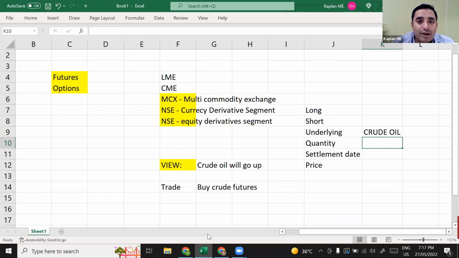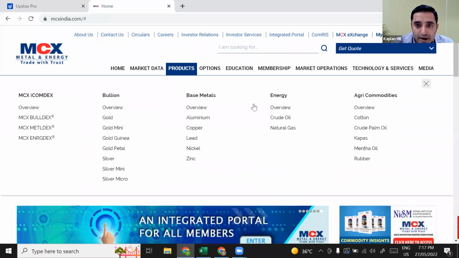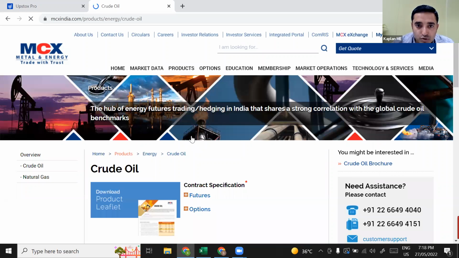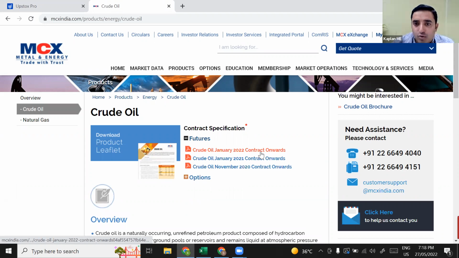No. If you look at the MCX website, let's say crude oil products, crude oil. Now in crude oil, they allow you to trade in crude oil futures and options. So if I just check futures, you should ideally look at these contract notes. You will get it everywhere, as in every website is going to give you. Clear?